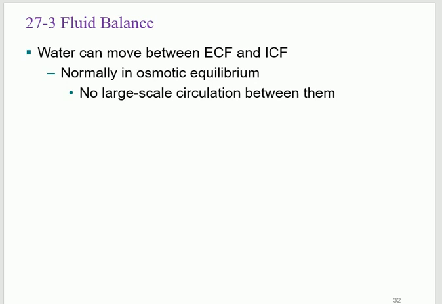If the extracellular fluid is higher osmotic, does water move out or in? Does the water move from low to high or from high to low? I'm talking about osmotic pressure. Low to high, low to high.